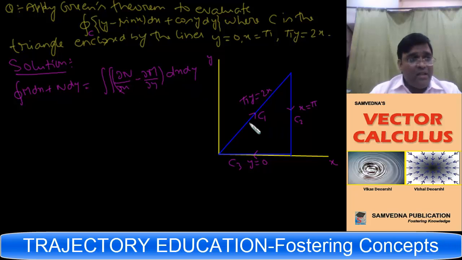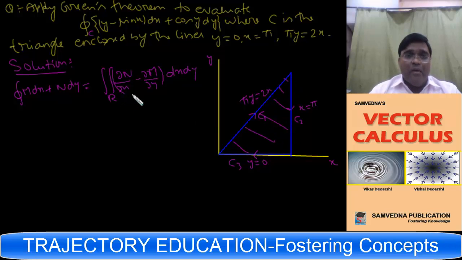This double integral is the same regardless of the orientation of the curve, because the double integral does not depend on orientation. It just depends on the region of integration, which is the area enclosed by this curve. Your R is going to be this.